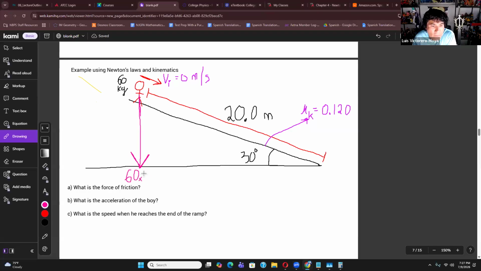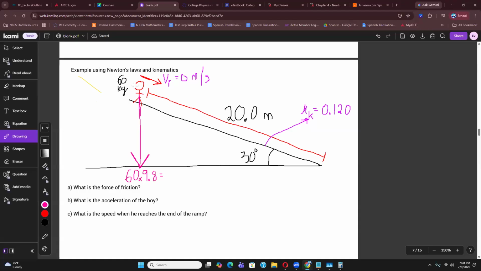This is mg, right? 60 times 9.8. And then what else do I need? You need a normal force.